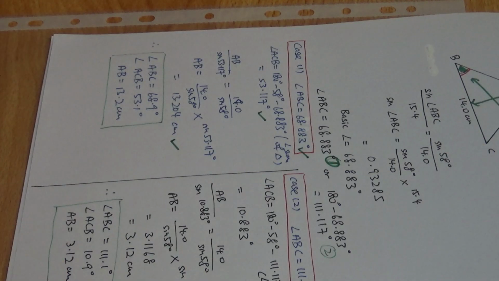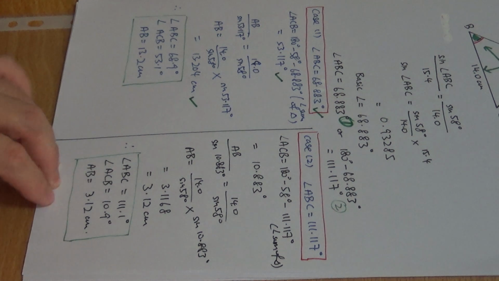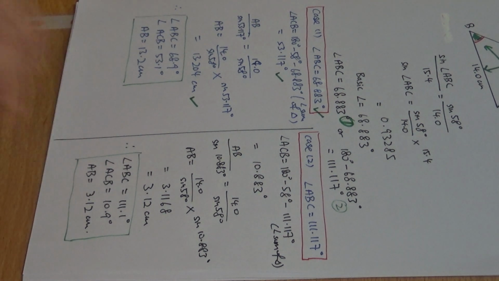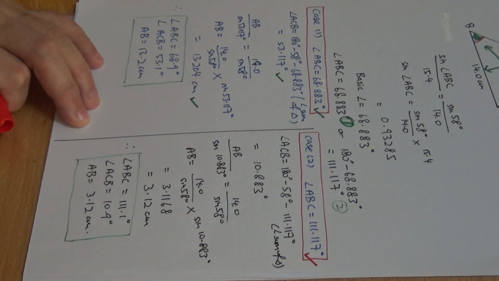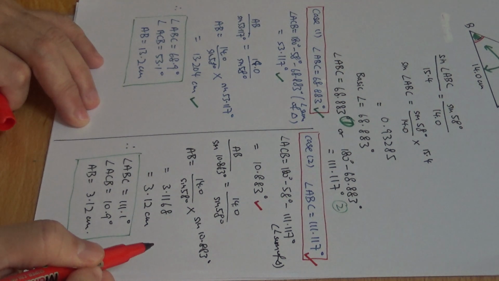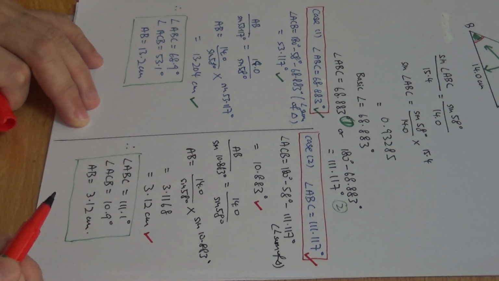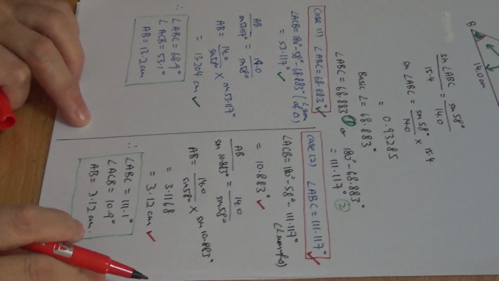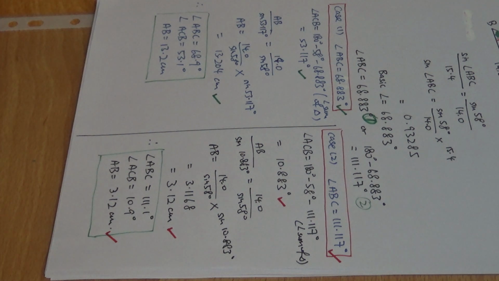Now there is another case called case 2. What is case 2? Case 2 is when angle ABC is 111.117. I will use angle sum of triangle to get angle ACB. I will use sine rule, and I will find AB as 3.12. So for this second case, I will get this set of answers over here.